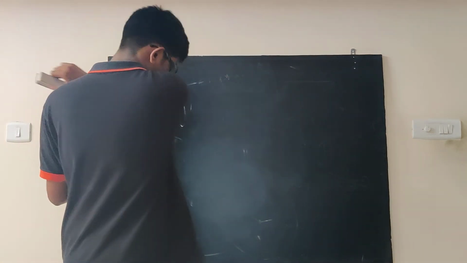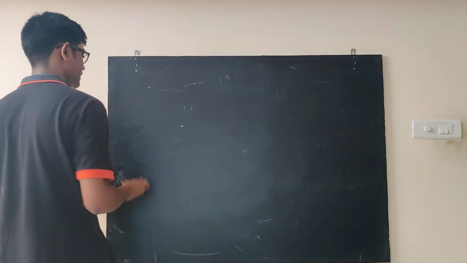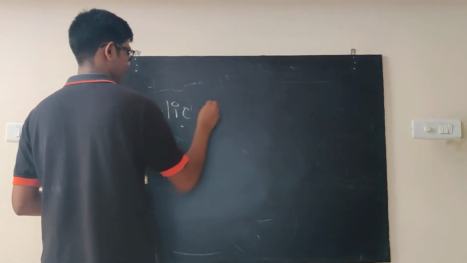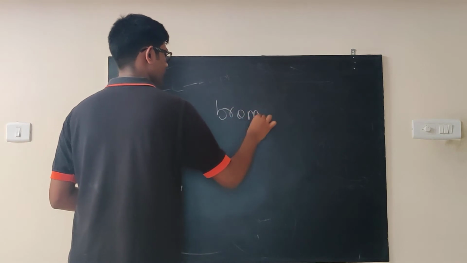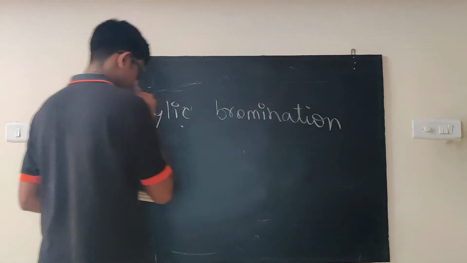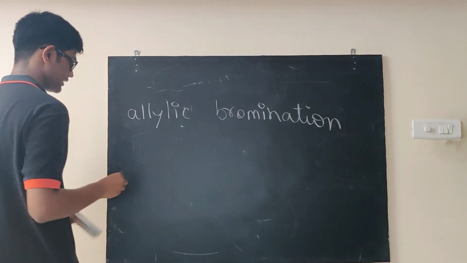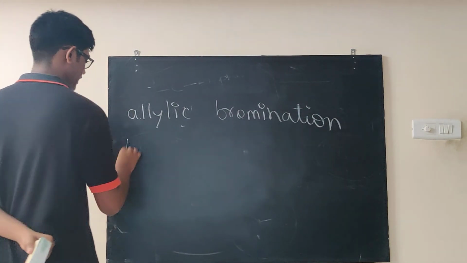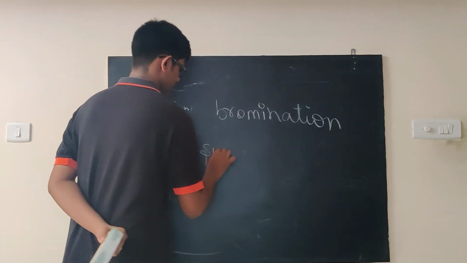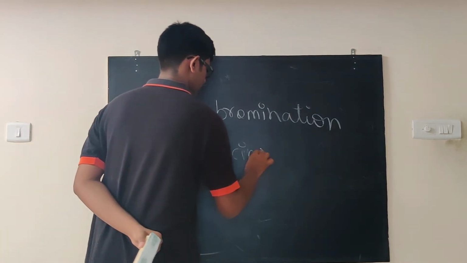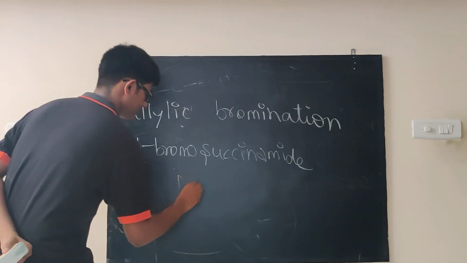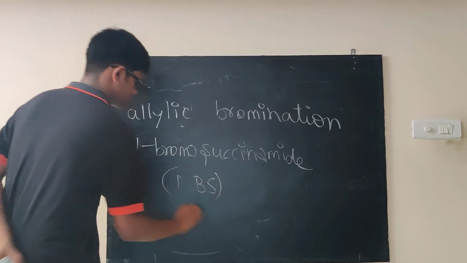What we just saw here was an example of allylic bromination, because there was bromination and it happened in the allylic position. But every time taking bromine, heating it very highly and stuff is very hard. So instead we have a very beautiful reagent called N-bromosuccinimide, which chemists like to abbreviate as NBS, which does this for you.